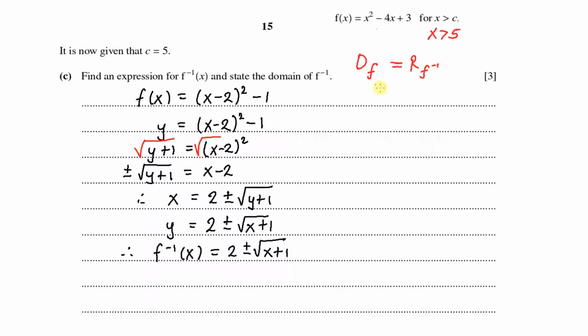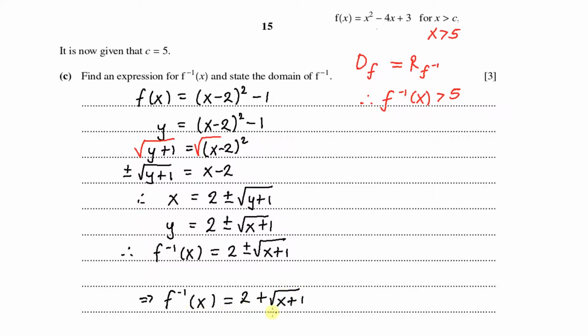And what that means is that if the domain is x greater than 5, the range of the function f inverse will be f inverse of x is greater than 5. So it means that f inverse of x is defined when we have 2 plus the square root of x plus 1. So this here is the inverse.